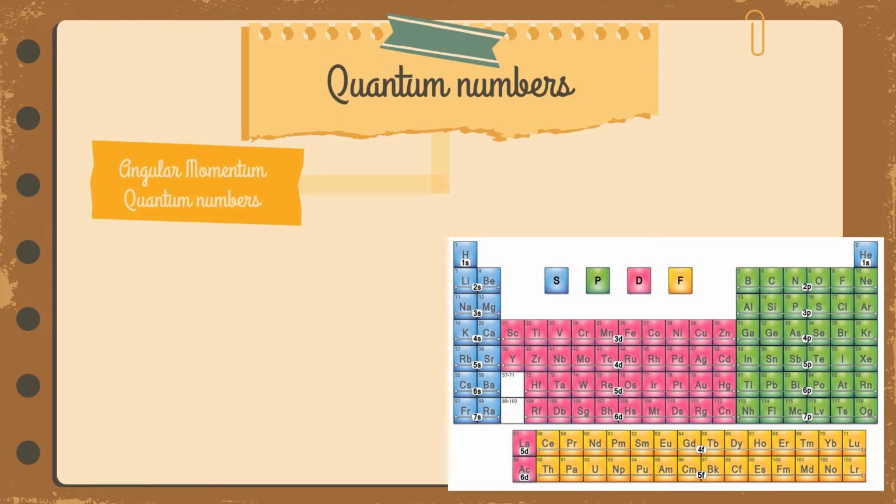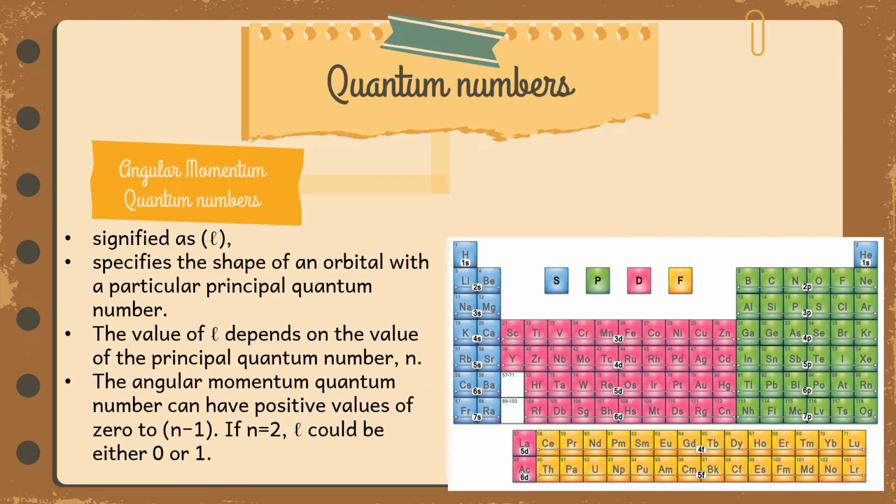Next quantum number is the angular momentum quantum number, represented by l. It specifies the shape of an orbital with a particular principal quantum number. The value of angular momentum depends on the value of the principal quantum number. The angular momentum quantum number can have positive values of 0 up to n minus 1.